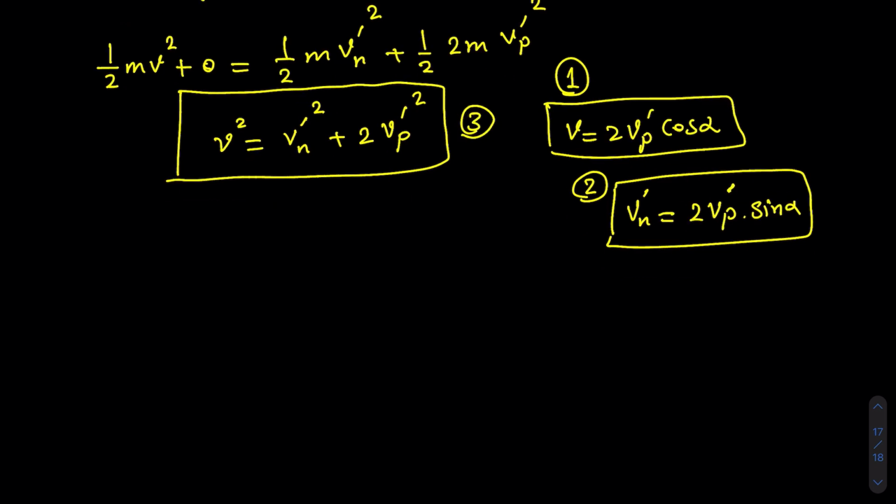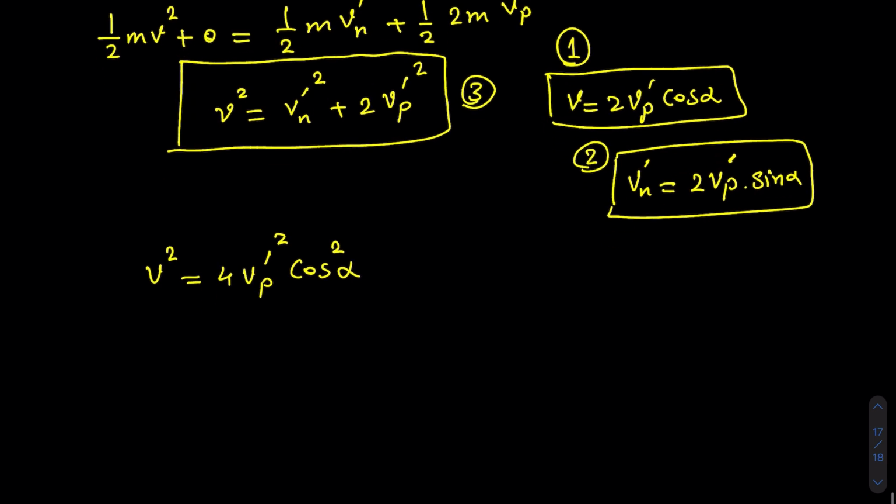So let's raise both sides of these two equations to the power of 2 and see where we get. Let's say v squared is equal to 4 times the velocity of the particle after collision squared times cosine squared alpha. This is from equation number 1.